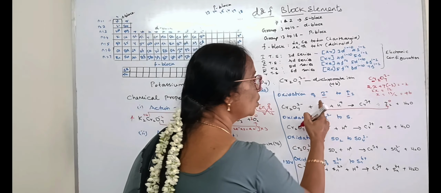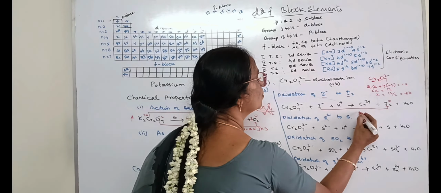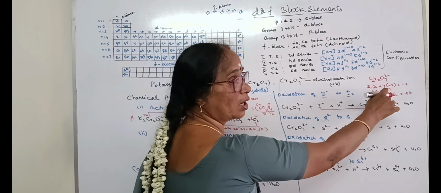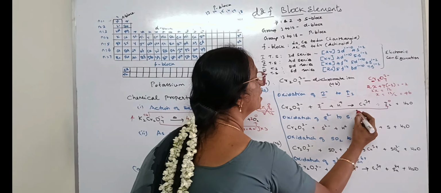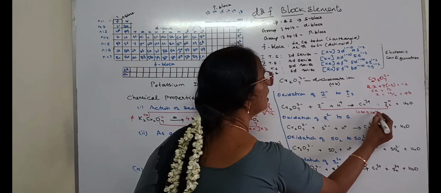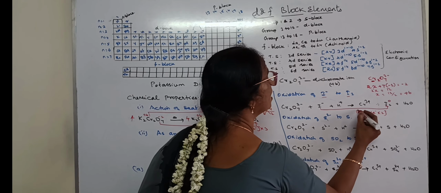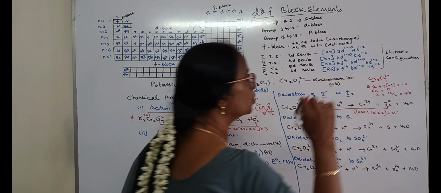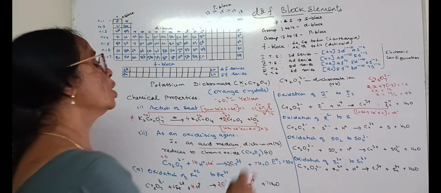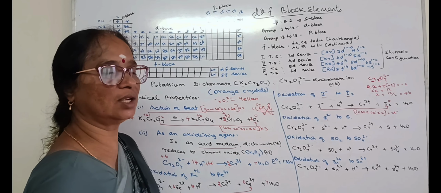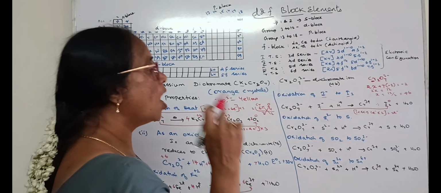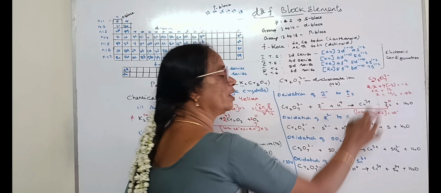So one iodide can give 1 electron, but how many iodine I have in a molecule? 2. So I can write here loss of 1 electron with the 2 iodine atoms, that makes it equal to 2 electron. But chromate, how many electron does it require? 6 electron. All the 6 electron must be given by the iodide.